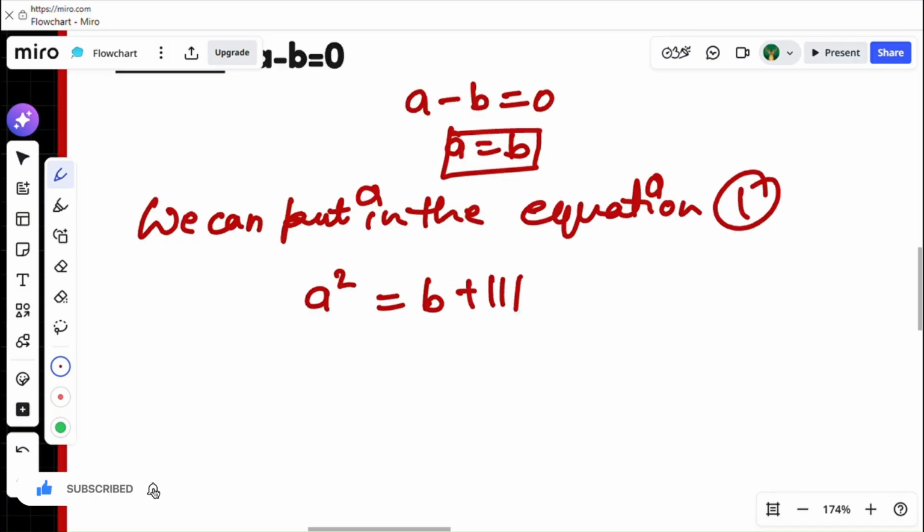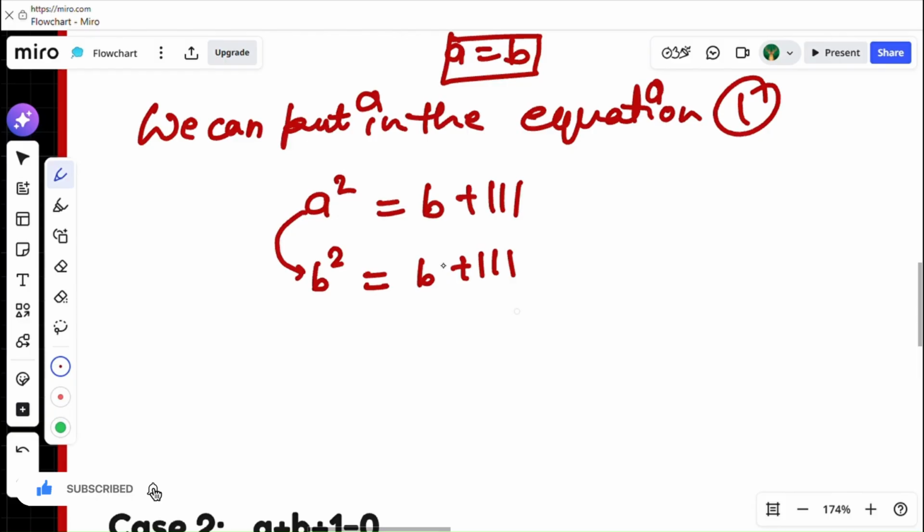We know that a is equal to b, so we put b, and b square is equal to b plus 111. This will be converted to b square minus b minus 111 is equal to 0.